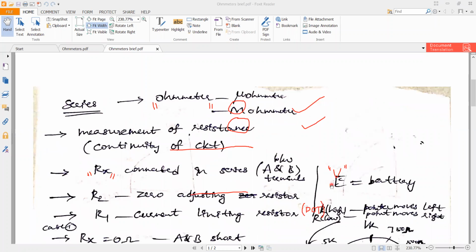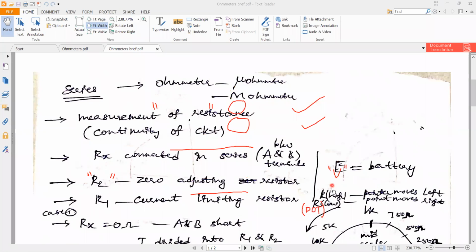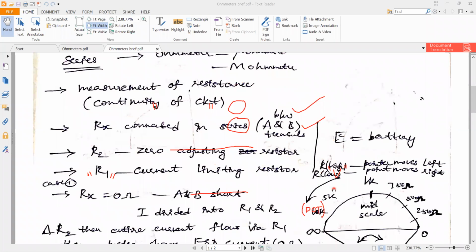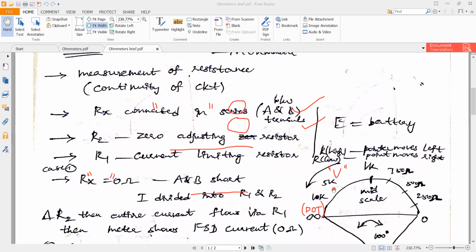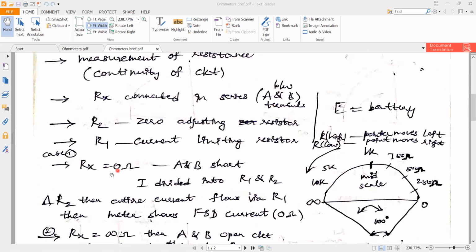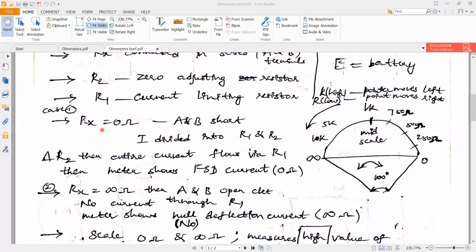And we are going to consider two cases. In the first case, the unknown resistance Rx is equal to 0 ohms. That means between these A and B terminals, they are short circuited. Then the current is going to divide across the resistances R1 and R2.